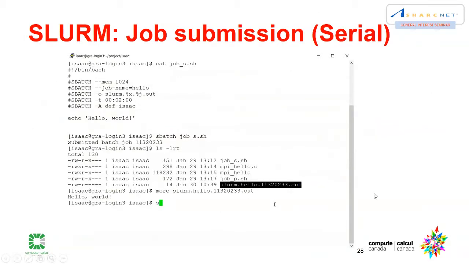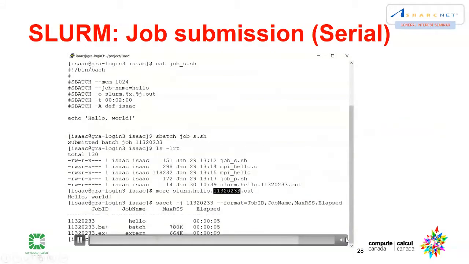And then I can check some information about the job, which completed recently, by typing sacct -j job ID and some format. You don't need to worry about this format right now, but this is the typical command I use to check the job status for completed jobs.